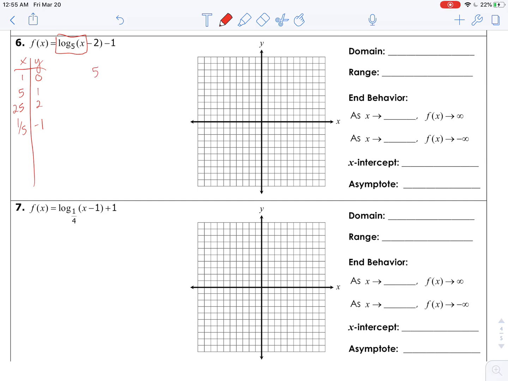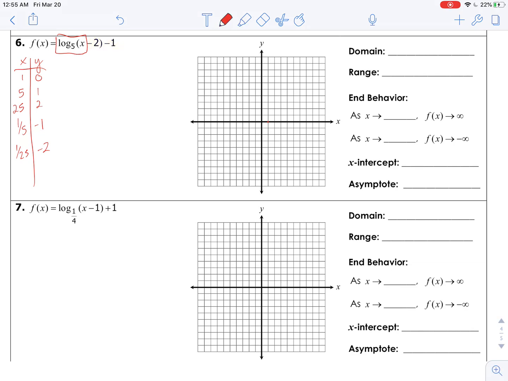Anytime you flip a fraction, you've got a negative exponent. 5 to the negative first is 1/5, because you've got to move that exponent down. And 1/25, which is pretty close to 0 as far as graphing on this particular scale goes, is -2.